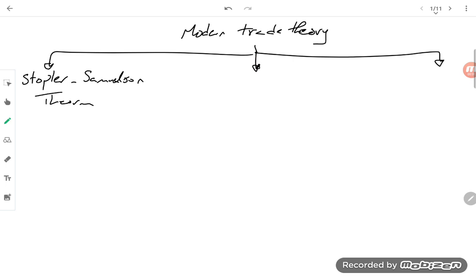Number two, specific factors model. And number three, product life cycle.